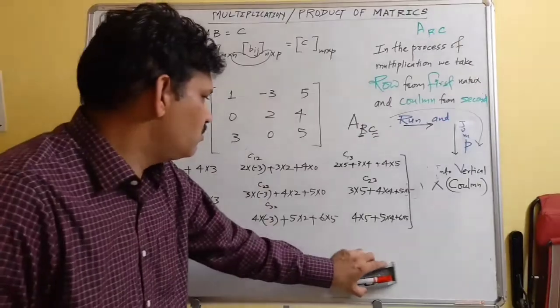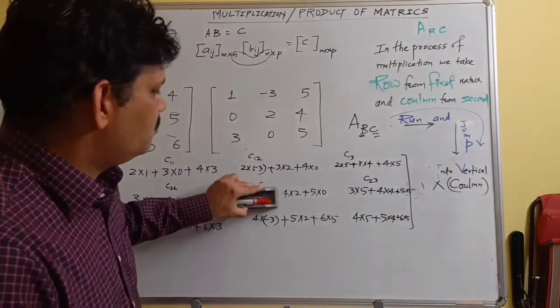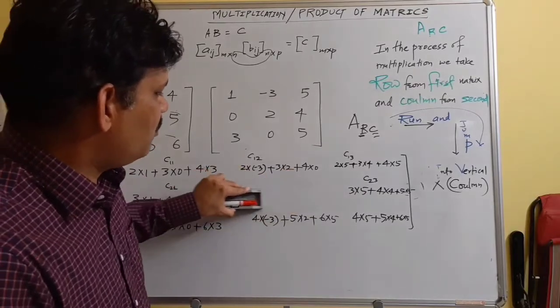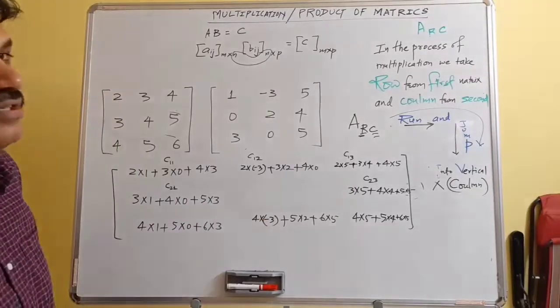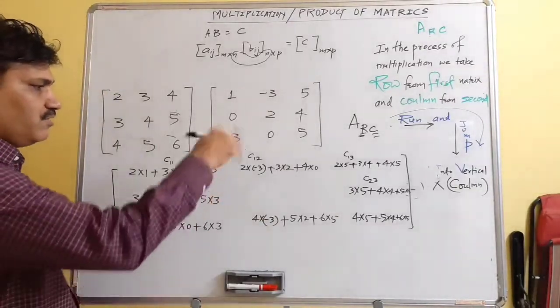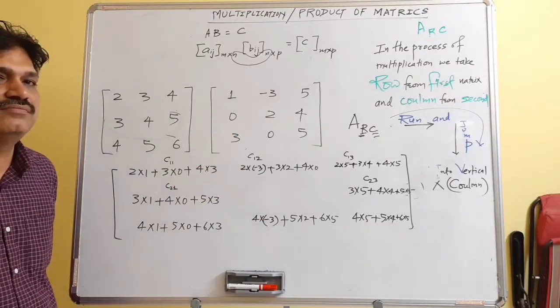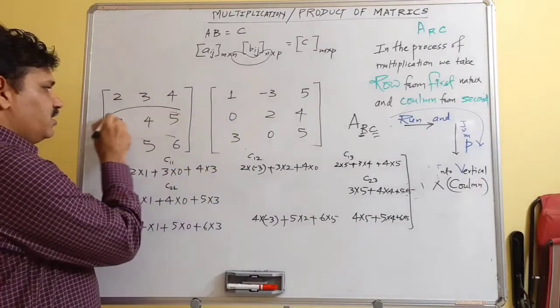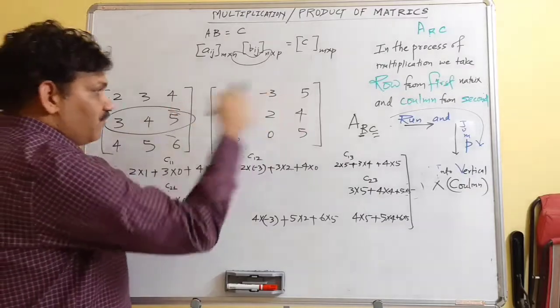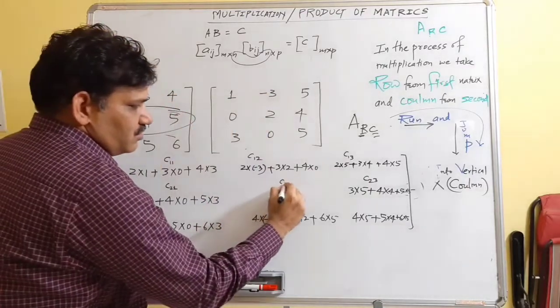Let's suppose I have made a mistake here. So I am to check what entry is it? Second row, second column. How will I get this entry? I'll take the second row from the first matrix, because this is 2.